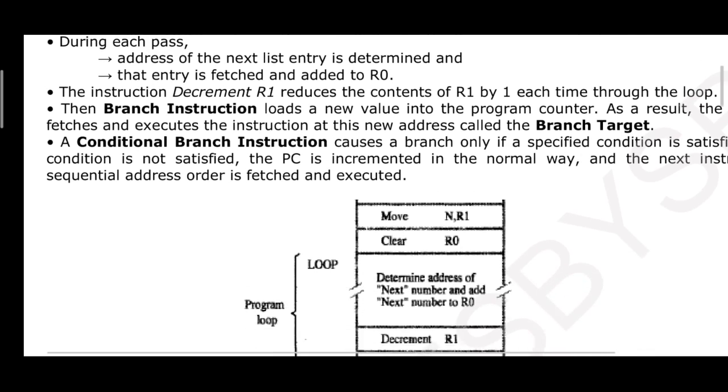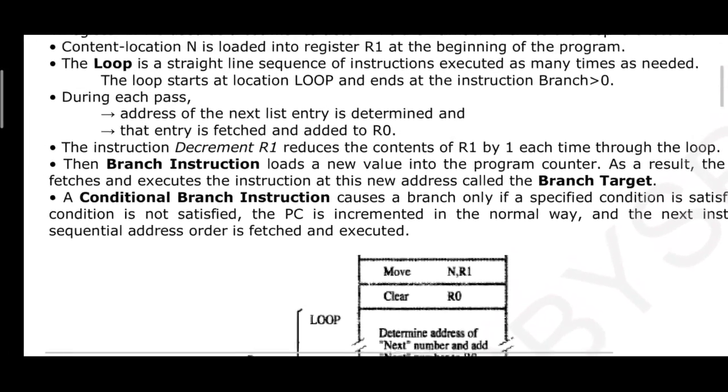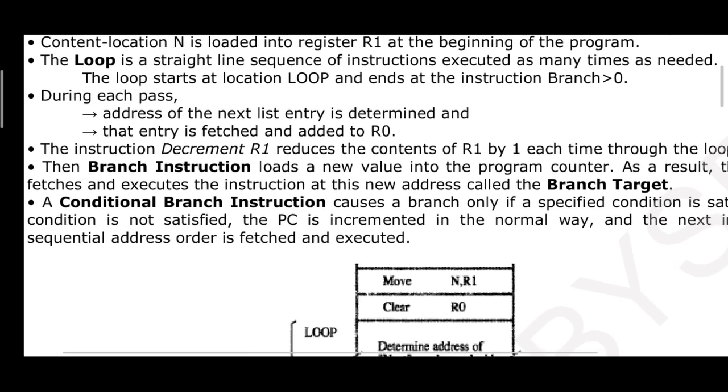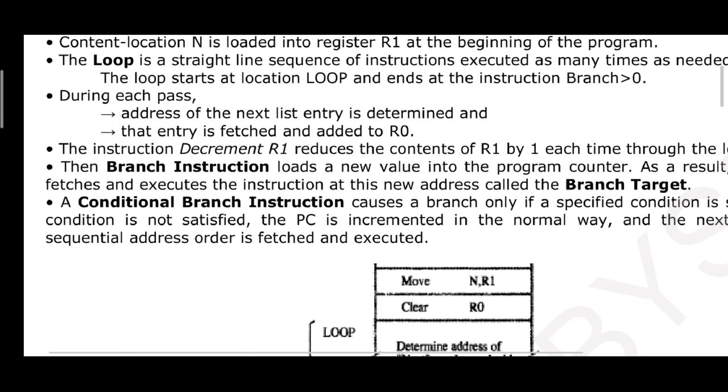During each pass, the address of the next entry, that means where exactly the next number is located, is to be identified and fetched into register R0 at each iteration of the loop. Earlier also you added the content located at a particular label to register R0.